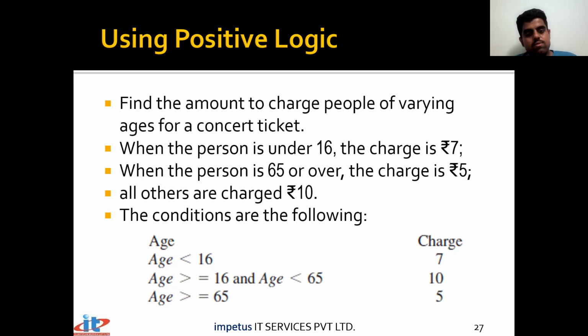Sir, actually, we have to check the maximum condition or the minimum. Now, in this example, these are the conditions that were given. Which is the one that we will check first? Sir, either age greater than equal to 65 or less than equal to 16 first. Okay. Now give me an order: first, second, third.